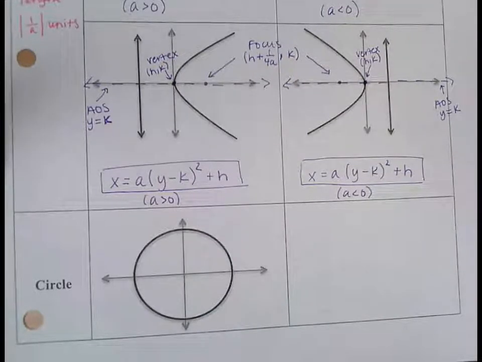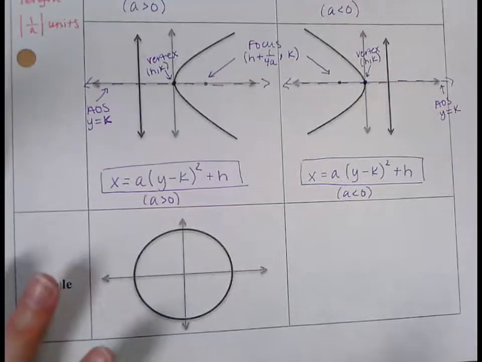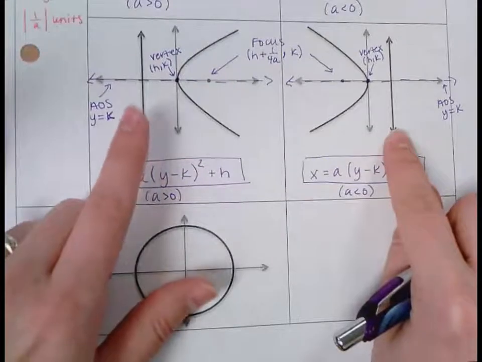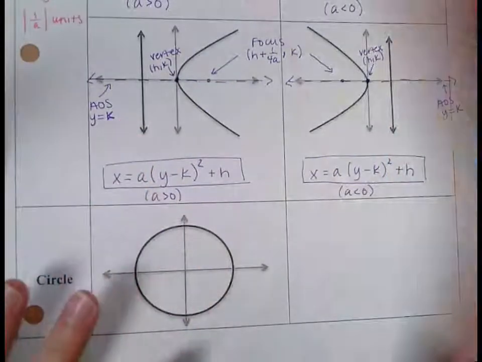And then I'll label the directrix for both. So the vertical lines that you see that are on the outsides of the parabolas, that is your directrix.